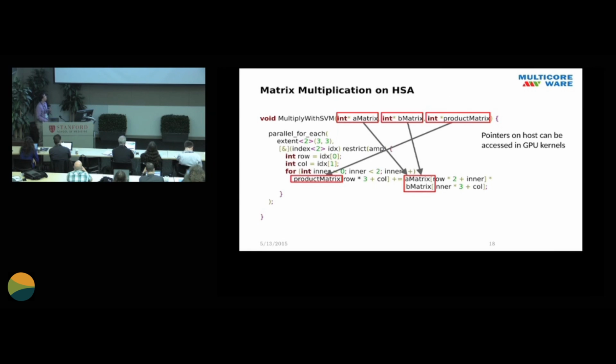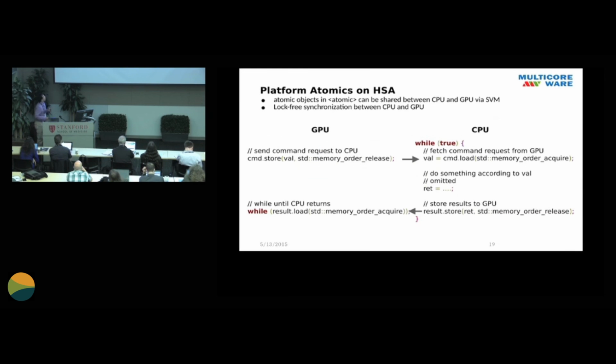There's no need to do explicit creation of CL buffers and move things around. Also on HSA, there's another feature called platform atomics, so we can do lock-free synchronization between CPU and GPU thanks to the memory order in C++11.